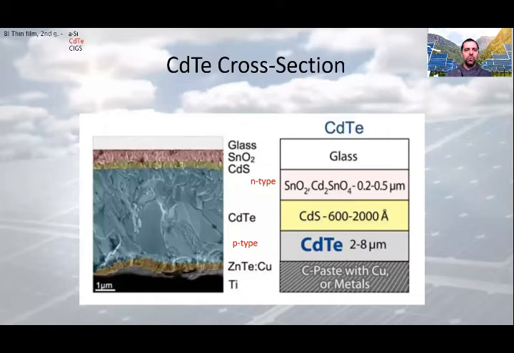On this slide, you can see the cadmium telluride cross-section. Each cell comprises a junction of n-doped cadmium sulfide, known as the window layer, on top of the p-doped layer of cadmium telluride, known as the absorber.